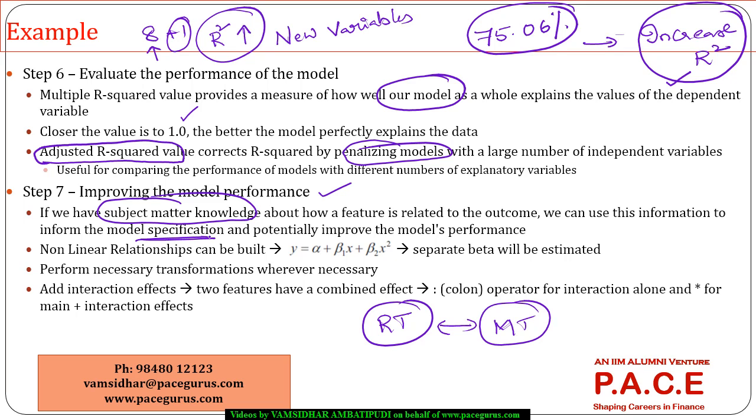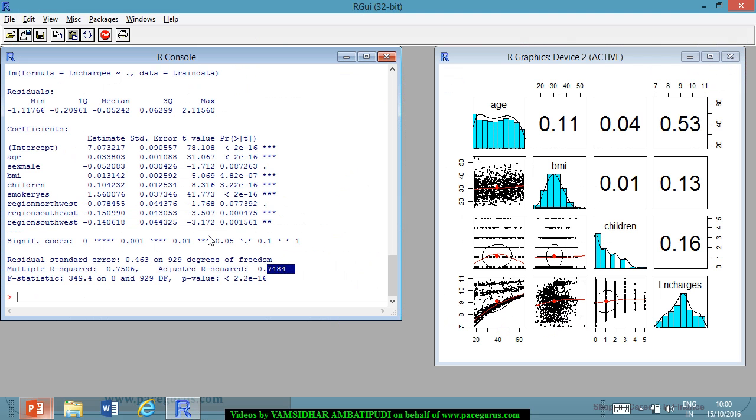I want to make some modifications like that to see if there is any improvement I can bring out. Let's say I want to bring in a model 2 just for understanding. I'm taking all the variables, along with that I'm also considering age square, all other things remaining the same.